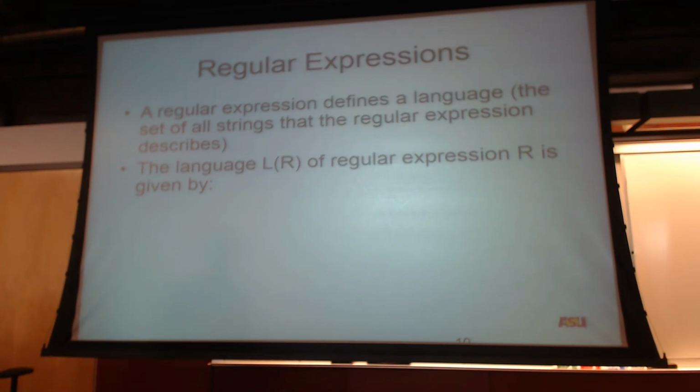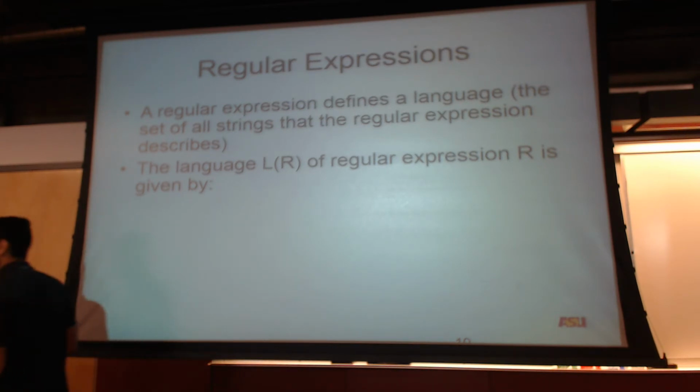Language is a set of all strings, a subset of sigma star, and regular expression is some rules that we have specified. So the set of all strings that follow a regular expression is called the language of that regular expression. Clear up to this point?